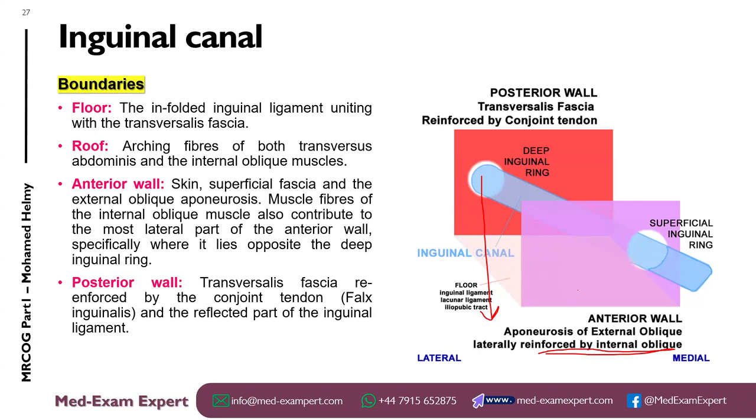So anteriorly we have the external oblique aponeurosis, and laterally a reinforcement by the internal oblique muscle. Posteriorly we have the transversalis fascia, medially reinforced by the conjoined tendon, which also lies in front of the superficial inguinal ring to give more support to this ring.